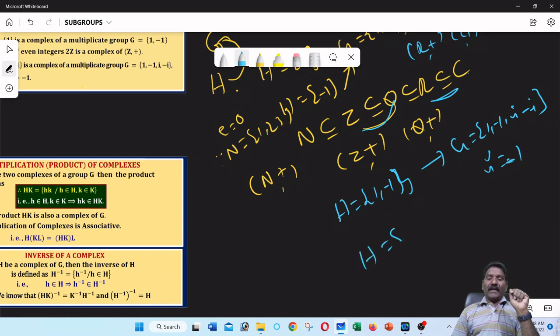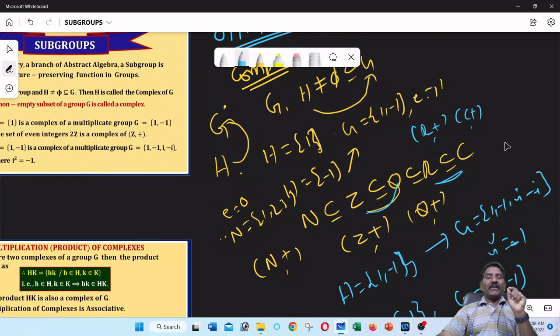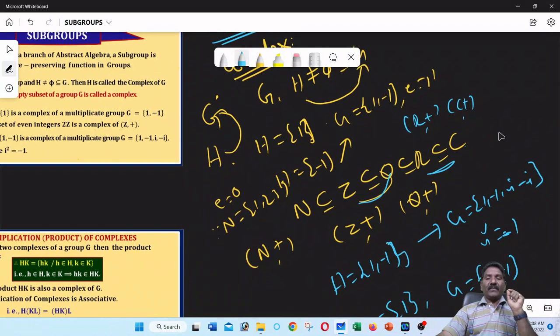Consider the set H equals {1}. It is a subgroup of the multiplicative group G equals {1, -1}. It is a subgroup. These are all examples for subgroups. Subgroup means a subgroup is itself a group with respect to the same operations of a group G.